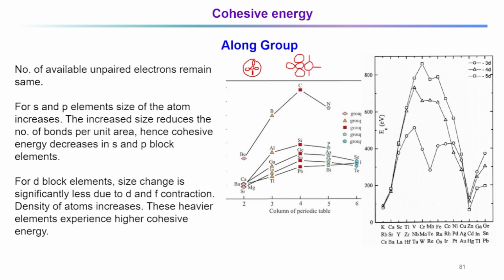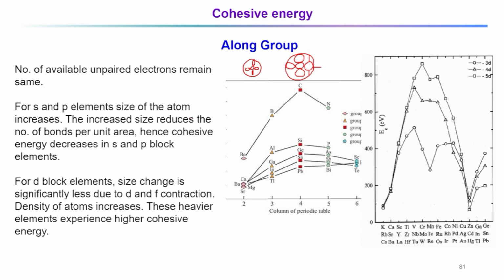But here the circle is much bigger compared to this, right? So we have the same number of unpaired electrons, the same number of bonds, but as the atom size is small, here we have more bonds per unit area, whereas as the atom size is bigger, here we have fewer bonds per unit area.